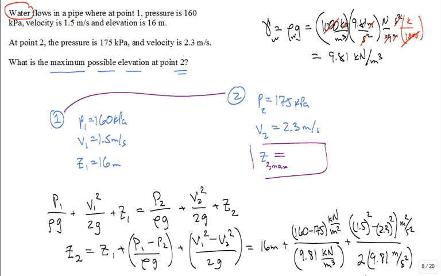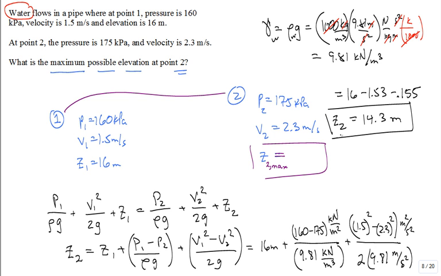Who has a calculator can run that for me, please? Good, good. Thank you very much. Anybody else confirm? Be careful on units, right? I mean, that's all of engineering, isn't it? You have to be careful on units.